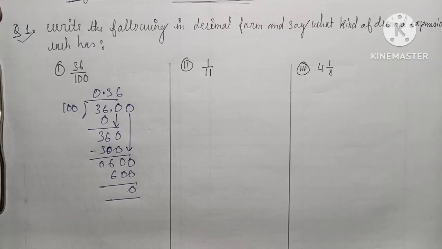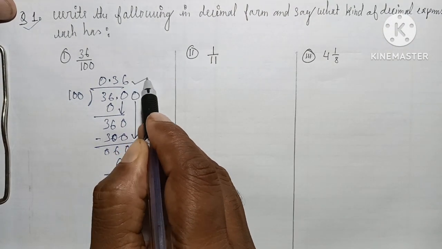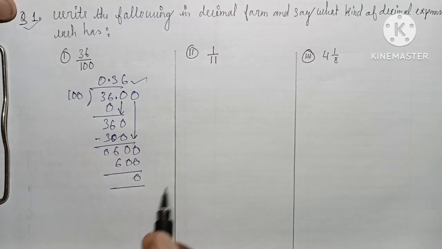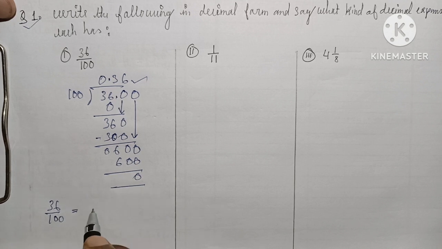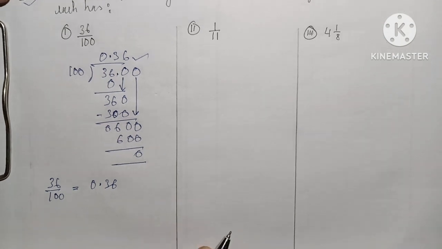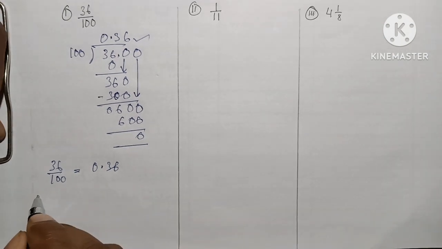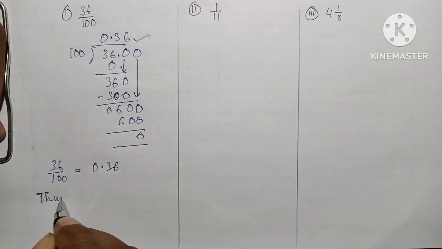Now you see this decimal expansion is a terminating decimal expansion. It means that 36 by 100, the quotient is 0.36. Thus it is a terminating decimal expansion.